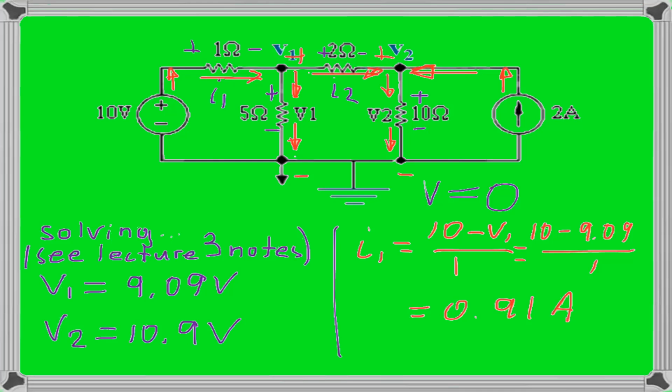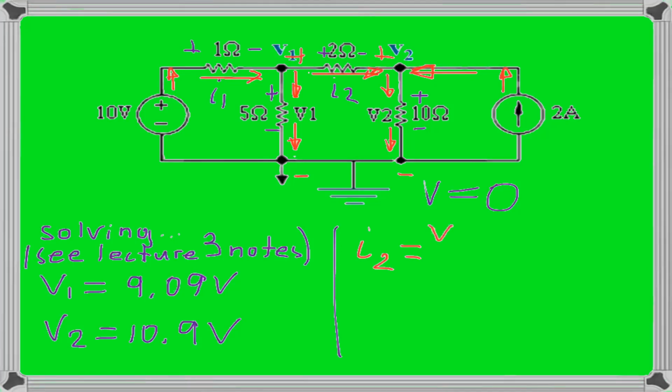And we can do exactly the same thing for any current. Just one more example. For example, you need to find current I2. And again, we already identified that the current I2 is voltage at plus V1 minus voltage at minus V2 over 2.